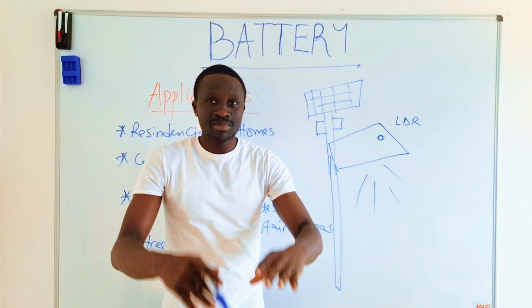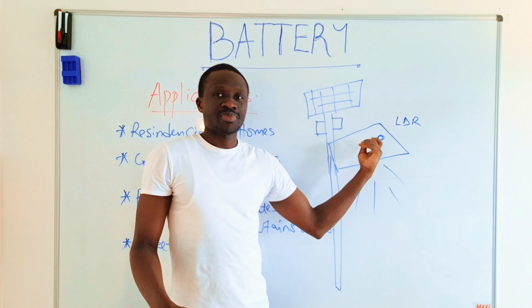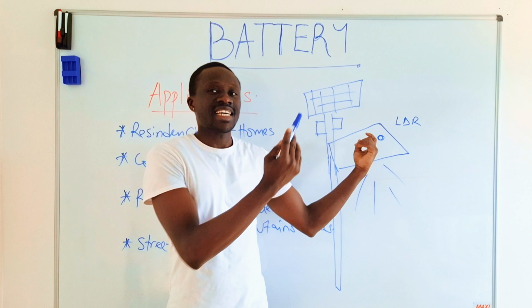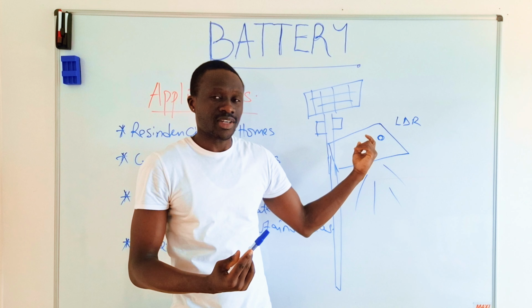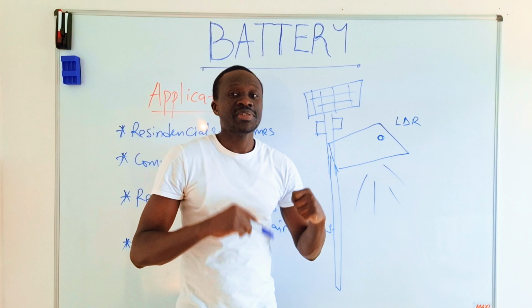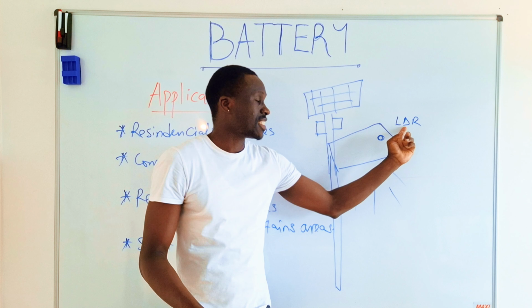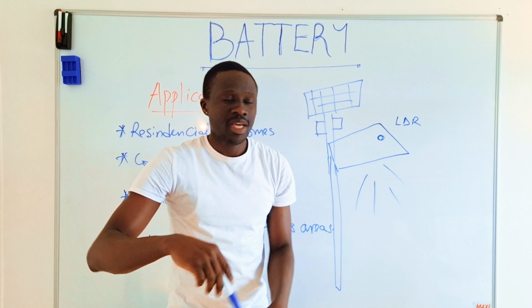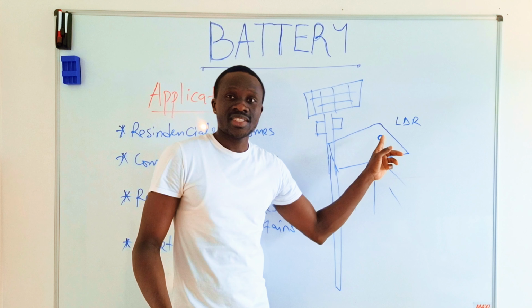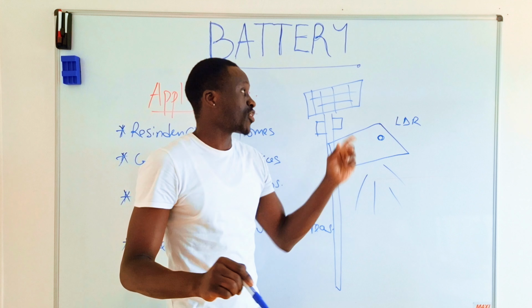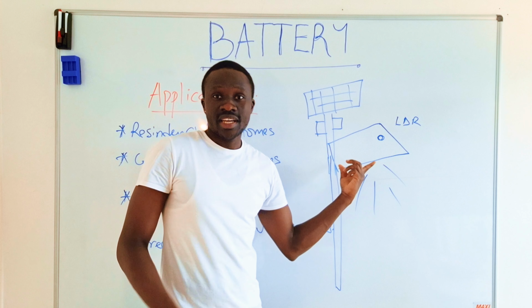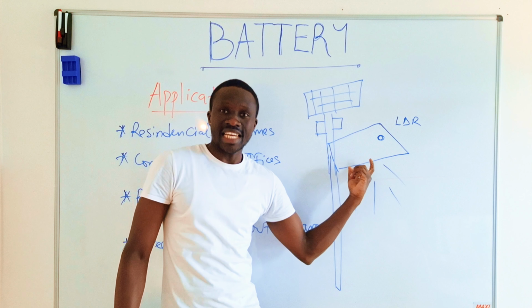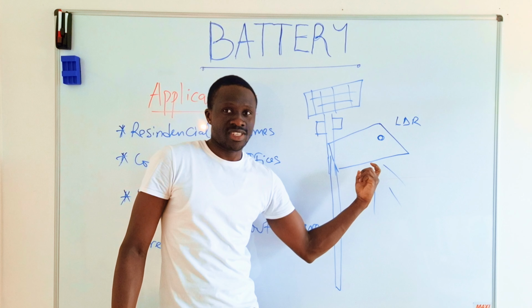When the sun comes, this sensor senses the sun or heat, and the resistance of this light dependent resistor increases. Once the resistance increases, the flow of current from the battery does not go to the lights, to the LEDs, light emitting diodes.